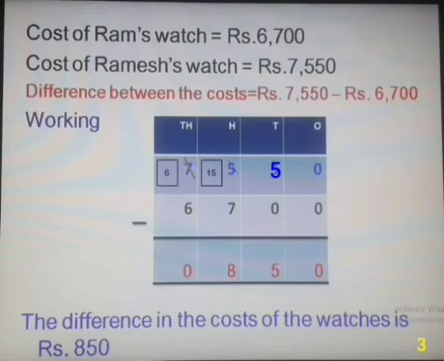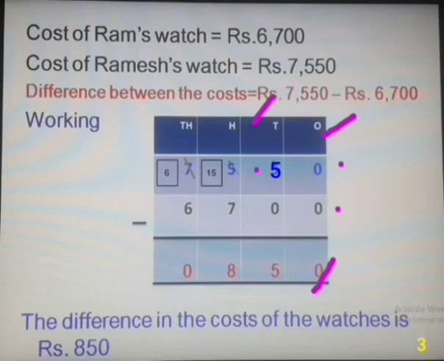After arranging the digits, now let's subtract them. First, subtract the digits given in the ones place. So in the ones place we have 0 and 0. So 0 minus 0 is 0 only. Now let's subtract the digits given in the tens place.